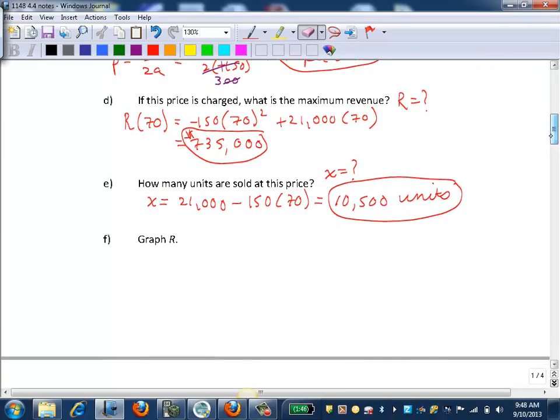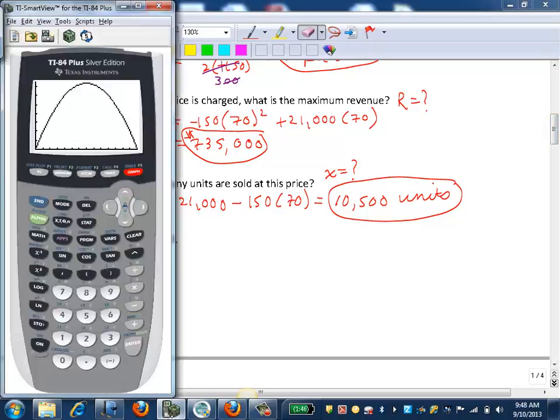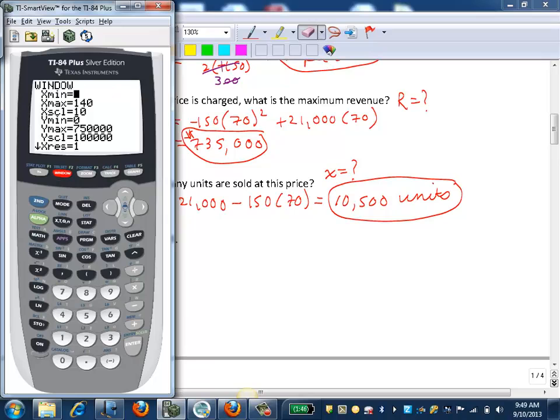Okay, now if we want to graph our function, go to our calculator here. I've entered the function into the calculator, the 21,000x minus 150x squared, or vice versa, we had it flipped here in descending order. Either way, it's good. Now, as far as our window, we actually know a lot more information in this problem.